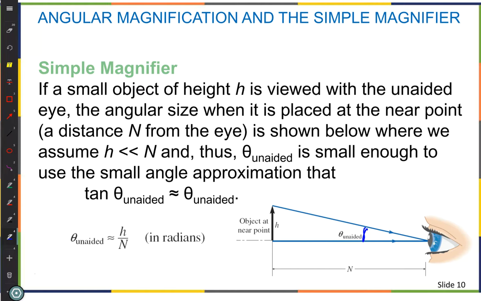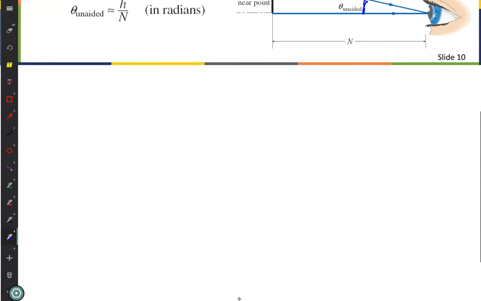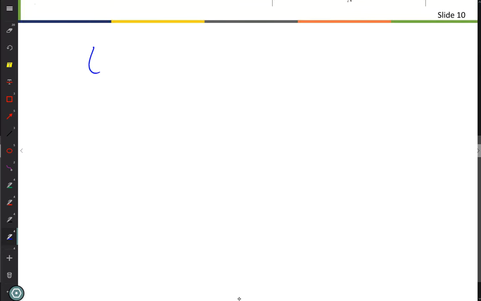What trigonometric function relates opposite and adjacent? Tangent. So I know it's written there, but I'm just going to hide that. So we have tangent of theta is equal to the height of my object divided by the near point, the closest distance I can put it to my eyeball. But that's tangent theta.